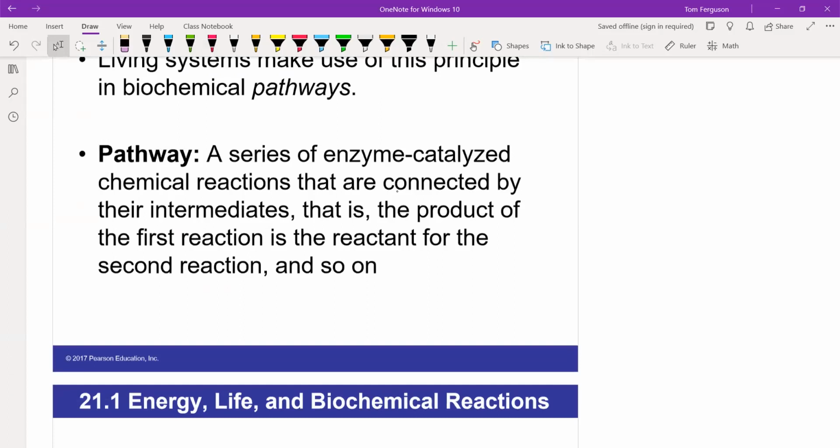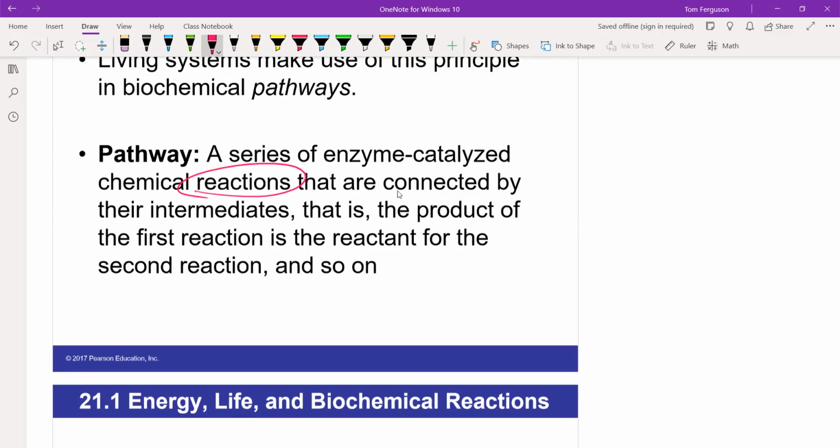Now, biochemists use the term pathway a lot. Basically, it's a series of reactions. That's all it is. Looking at the chart we had at the beginning of the semester, in a biochemistry class they'd be calling that a pathway chart. And these pathways get quite complicated.